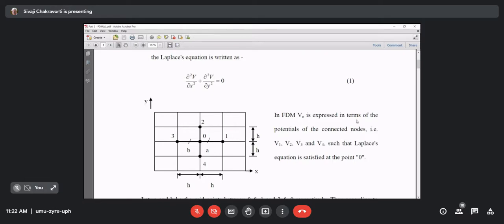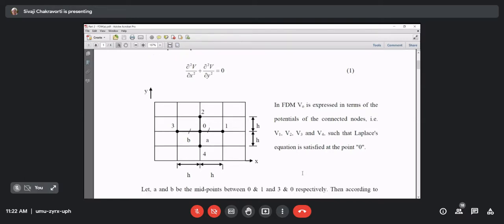The answer is no, because what we do in particular in this FDM is that there has to be some sort of potential distribution that needs to be assured. What do I mean by potential distribution? That means between the two nodes, what is the nature of potential variation? That I have to assume, otherwise I can't write the equation.